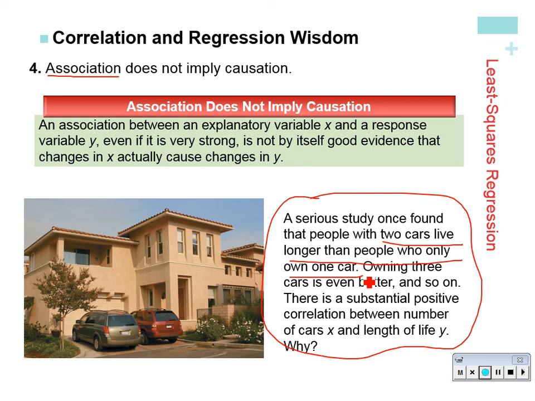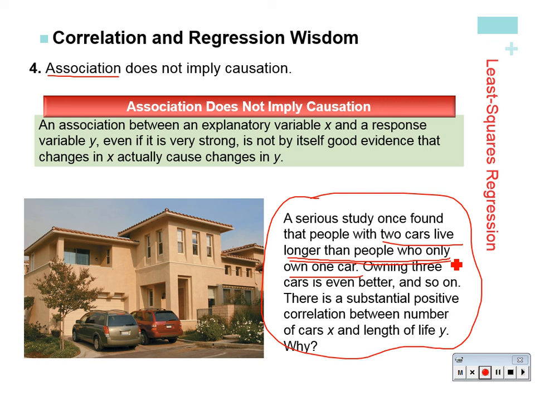And it says there is a substantial positive correlation between the number of cars X and the length of life Y. I think there are a lot of different reasons you can give that somebody who owns multiple cars would tend to live longer, and it may not be directly related to just the number of cars that they own.